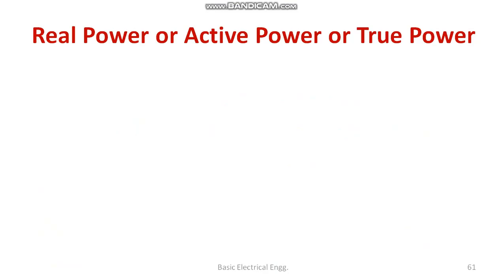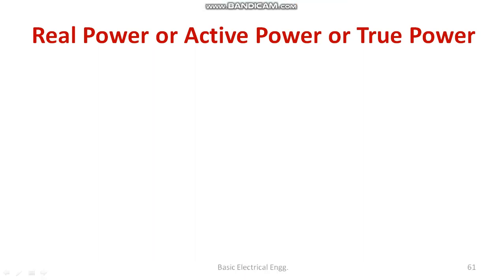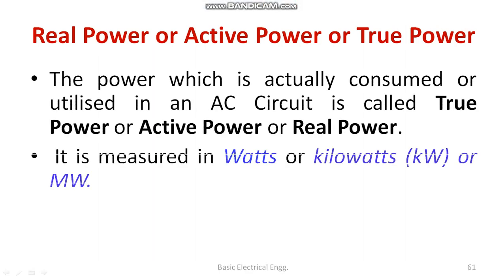First, let's understand what we mean by real power. You can call real power active power or true power. The power which is actually consumed or utilized in an AC circuit is known as real power.